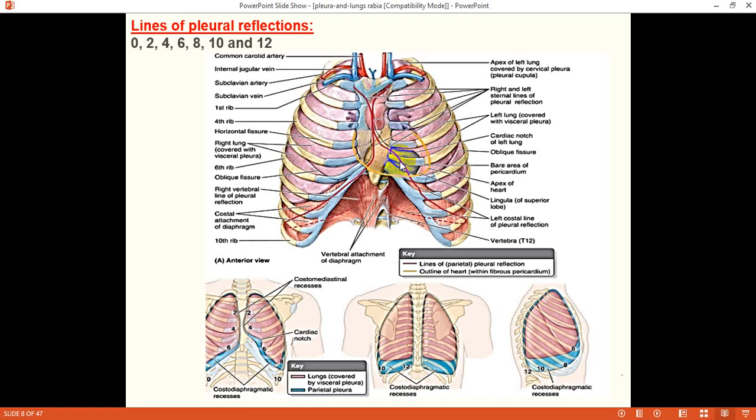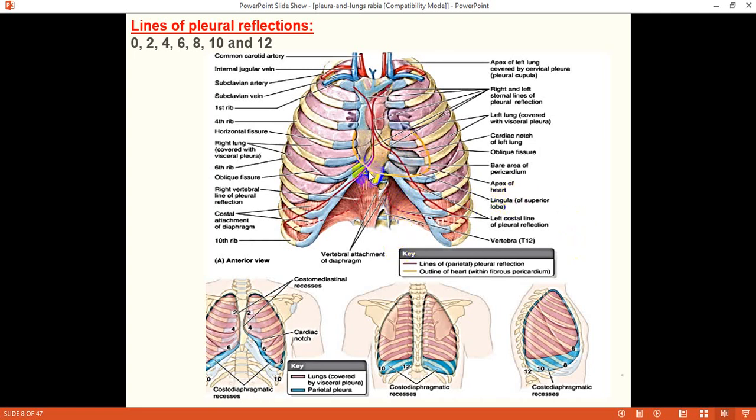Now this is important because, due to the formation of this notch, this area where the fibrous pericardium comes to lie just behind the sternum is the bare area of pericardium. So when we do pericardiocentesis, we keep in mind the sternal lines, their reflection, and this bare area, so that we can approach the pericardial cavity without puncturing the parietal pleura.